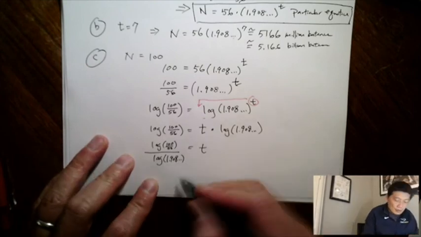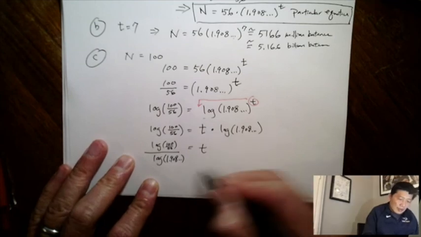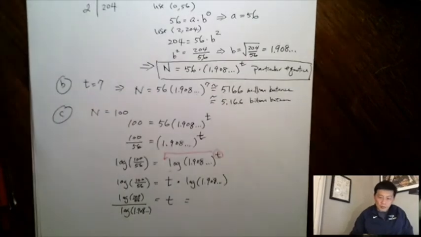Now it's just a matter of picking up your calculator and solving it, right? Let's see what the answer is when I type it into the calculator. Just give me a moment.